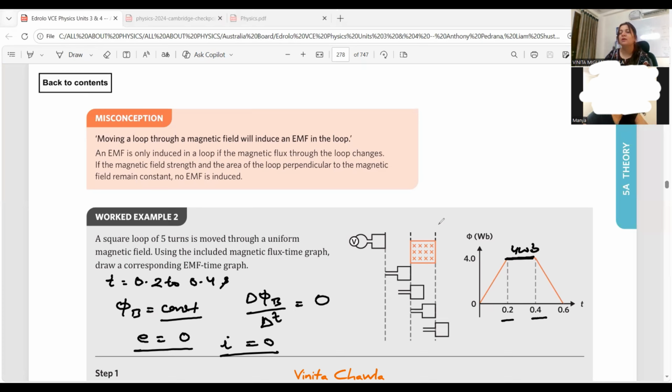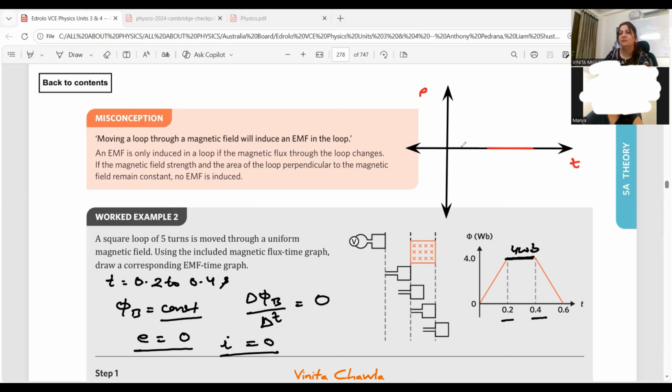So if you're drawing the EMF time graph, E versus T graph, how will you plot it if magnetic flux is constant? On the E versus T graph, we can plot it like this. It would be a straight line from 0.2 to 0.4 seconds, on the time axis.